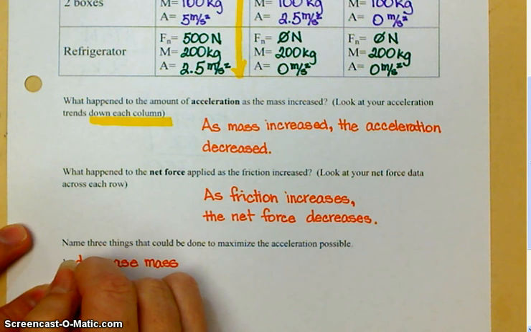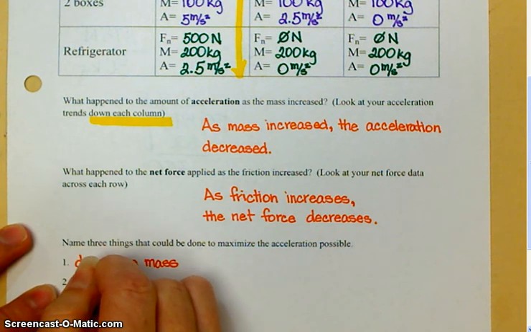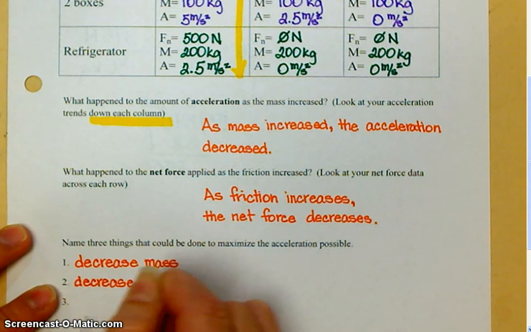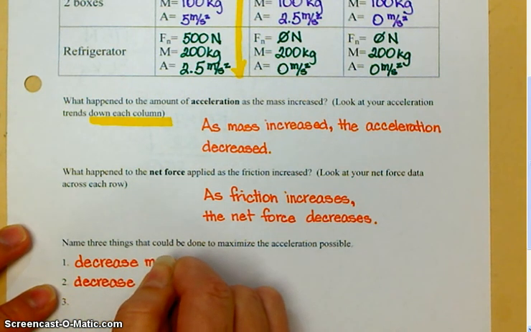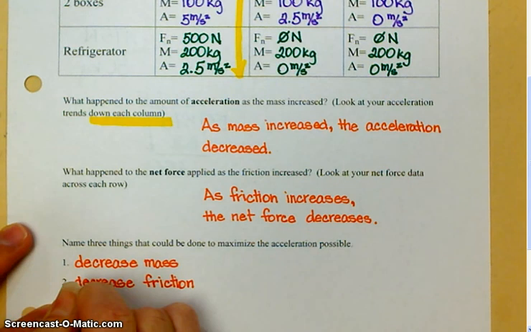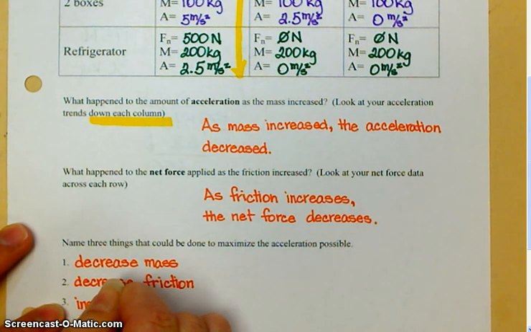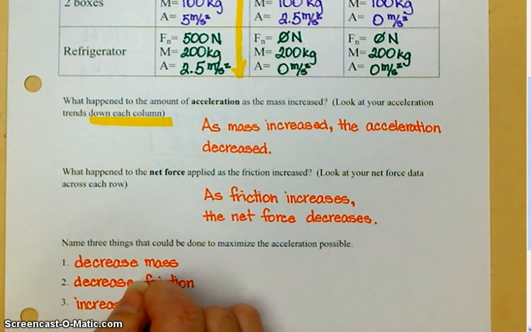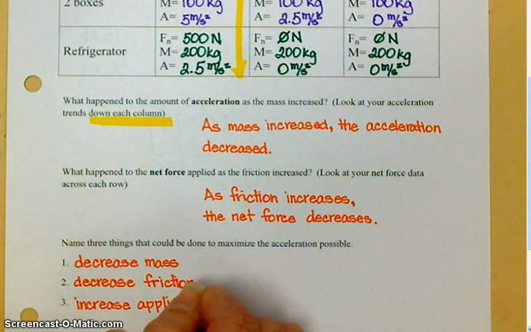We could do as much as we can to decrease friction. And the third thing is we're going to want to increase our applied force, the amount of force that we're pushing on it with. Increase applied force. So, all of those things would work to increase our acceleration.